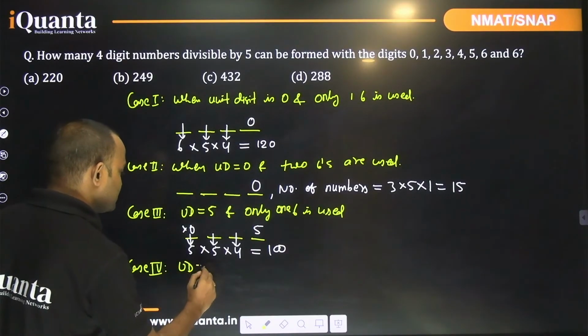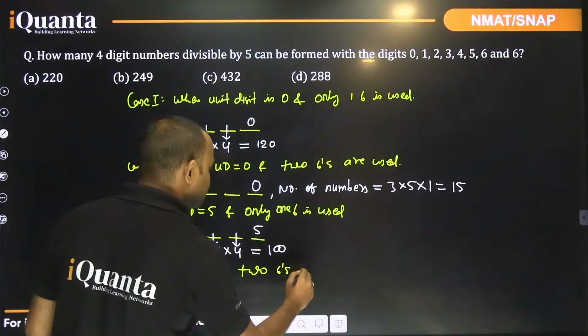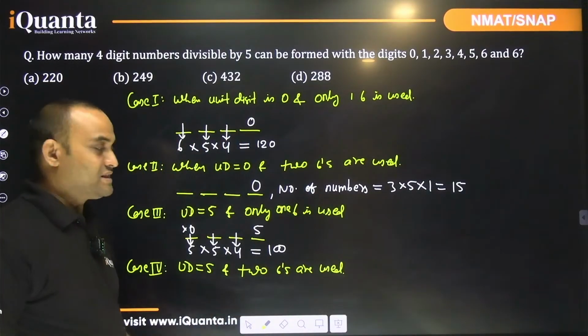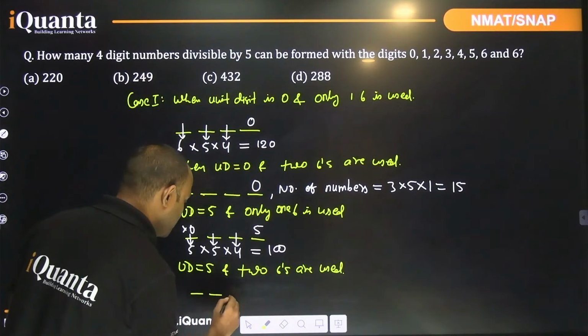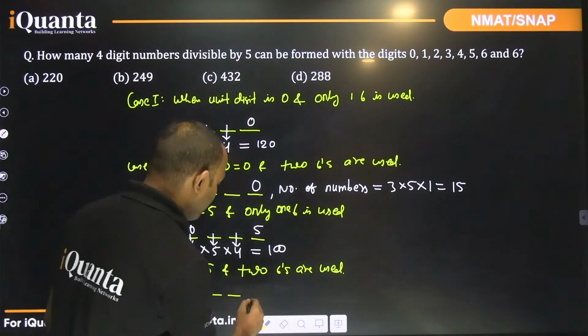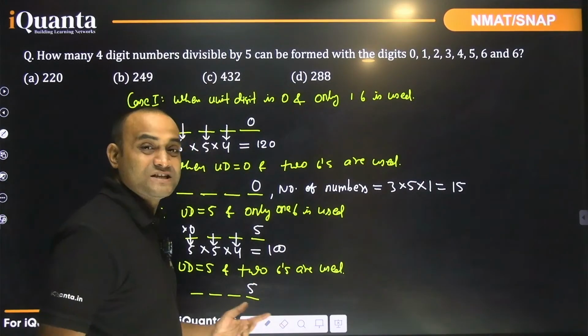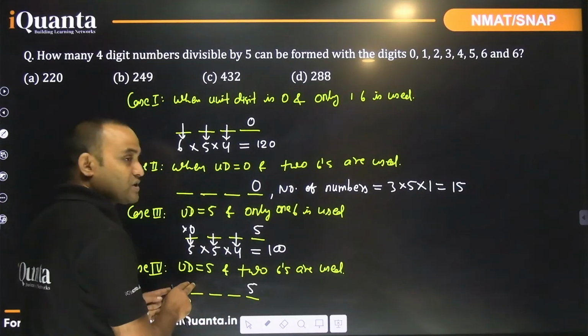Unit digit is equal to 5 and two 6s are used. So what will happen? 1, 2, 3, 4. Put 5 here. How many cases will be possible? If I take 6, 6 here, you cannot put 0 here.